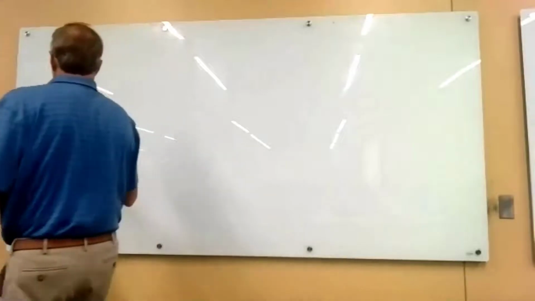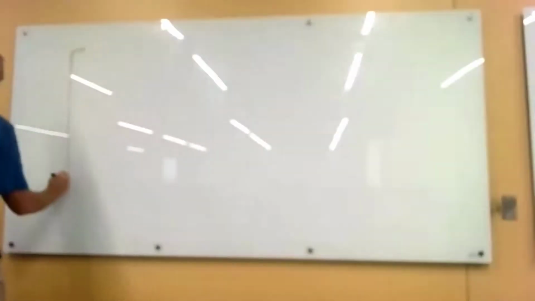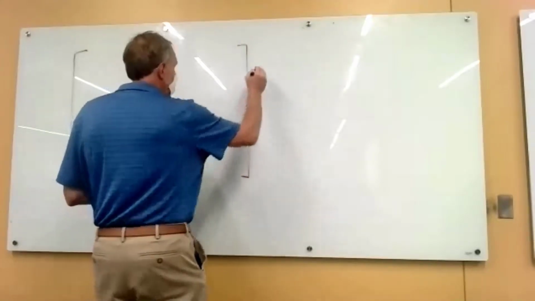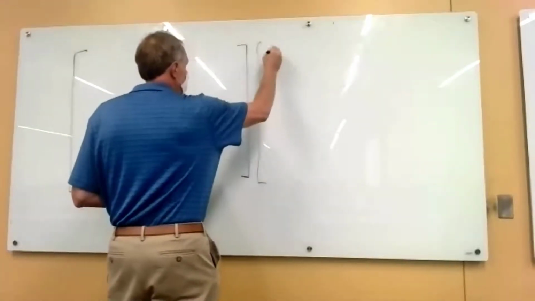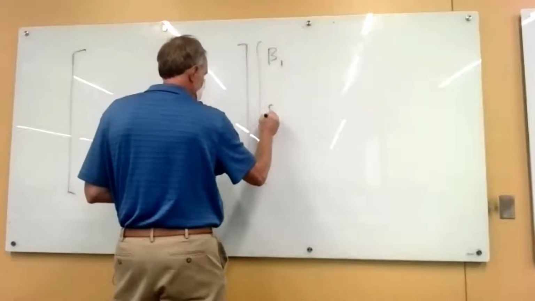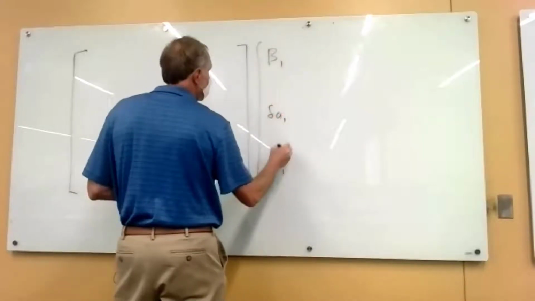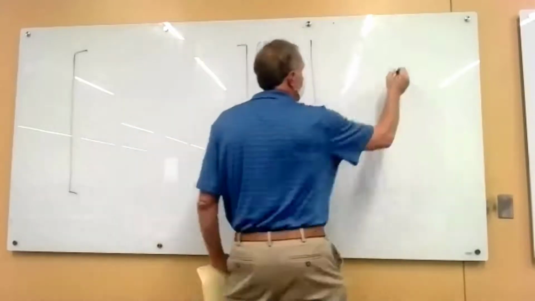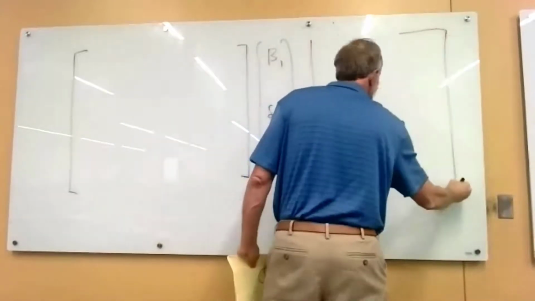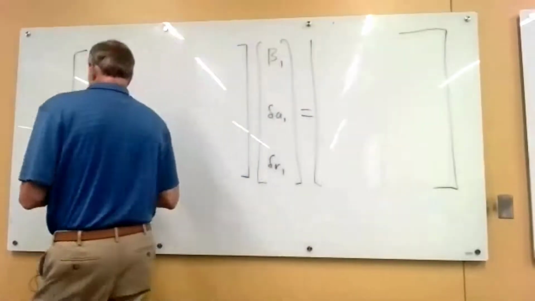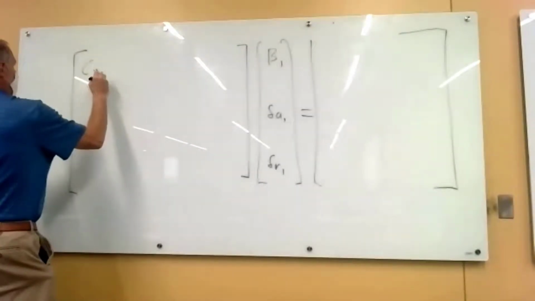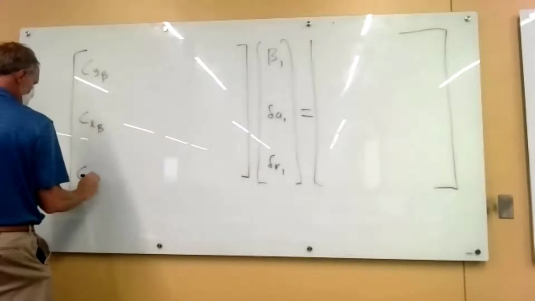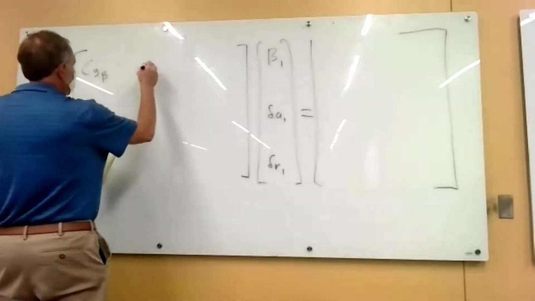All right, so here's the matrix. Here's our unknowns. There's the coefficients that multiply those unknowns.